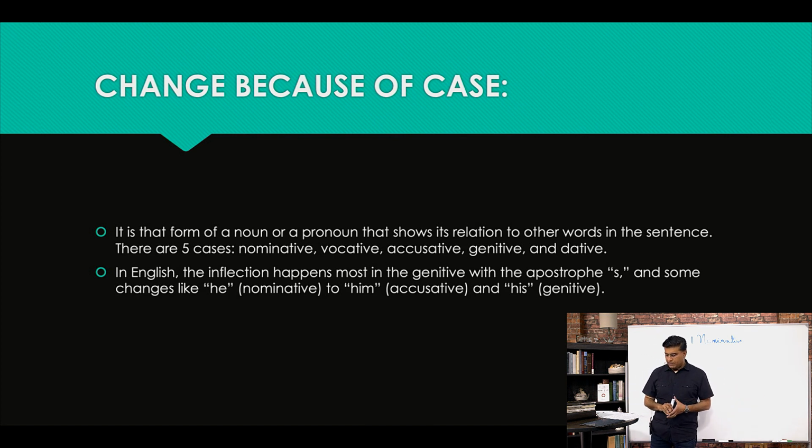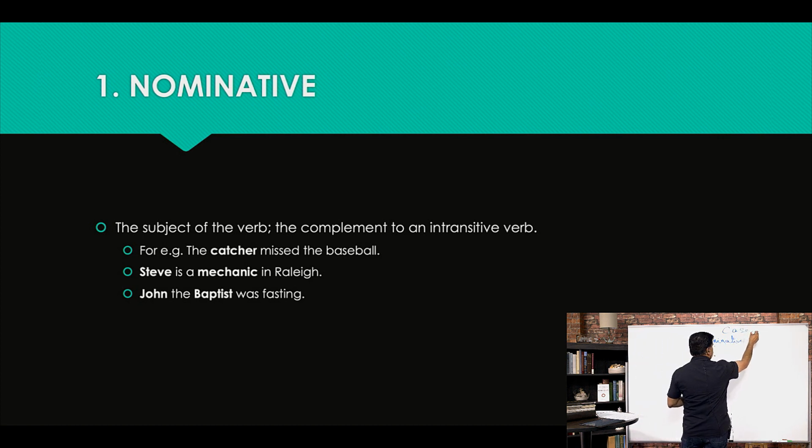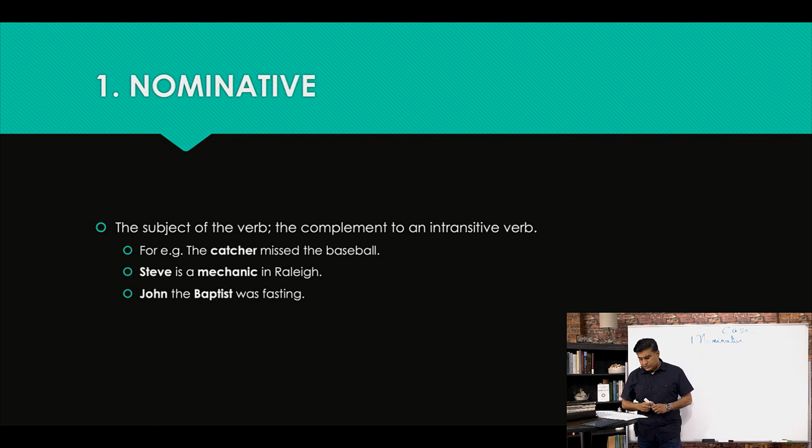For example, in nominative case, the catcher missed the baseball. The catcher is in the nominative case, the subject of the verb missed. Another example of a nominative case is Steve is a mechanic in Raleigh. Both Steve and mechanic are in the nominative case.